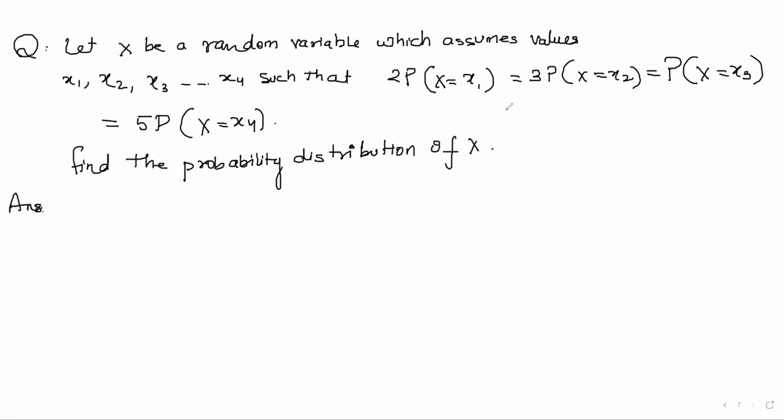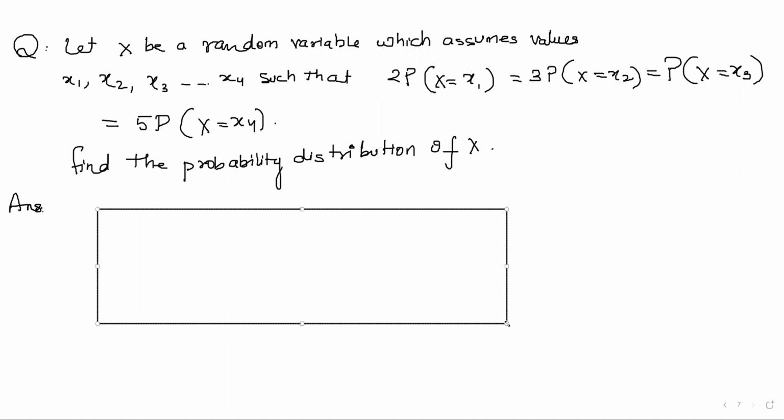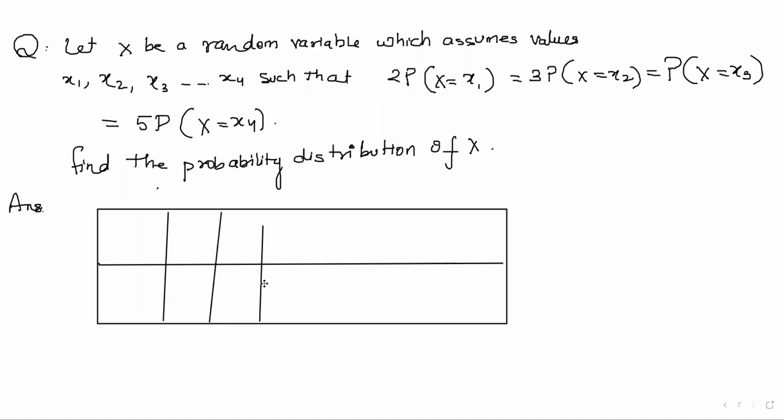So here, they have given you the random variable and its probability, but all are in the form of variable. So here we have x1, x2, x3, x4. Okay. So this is x, this is its probability.